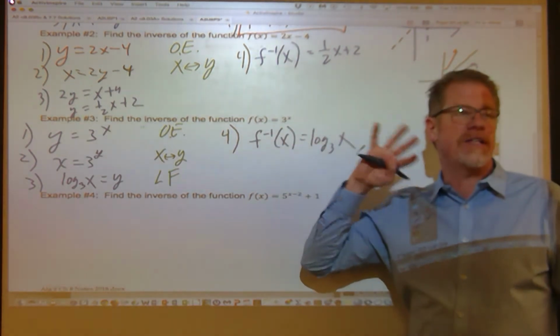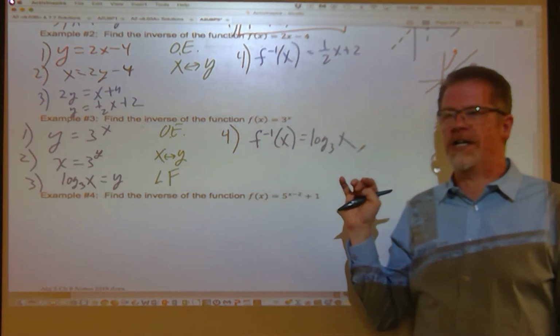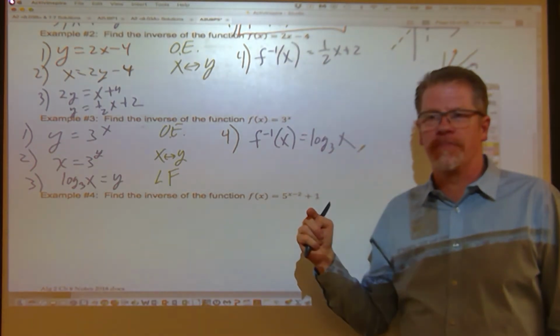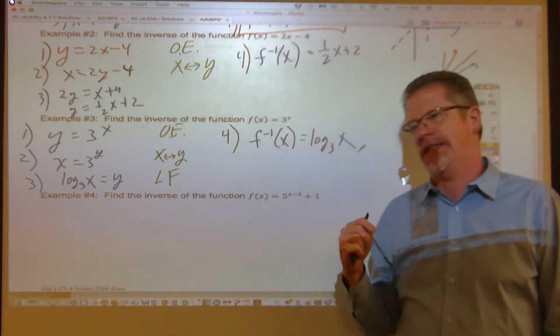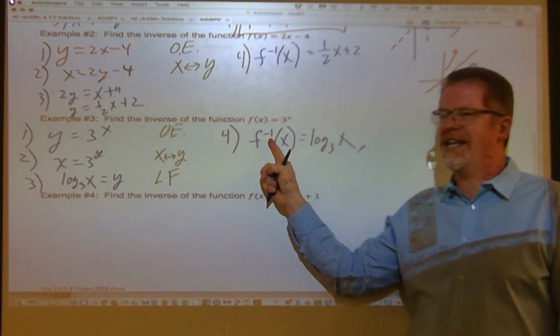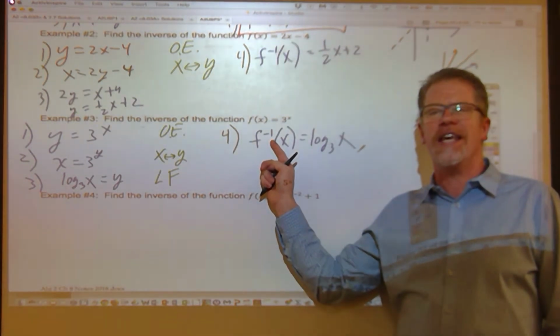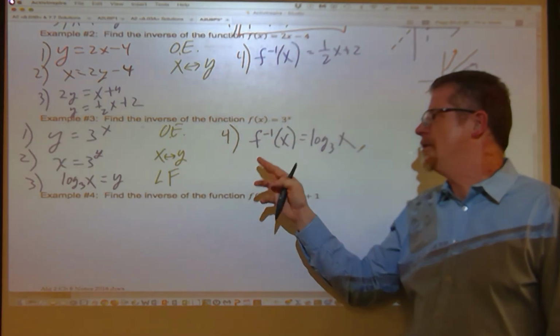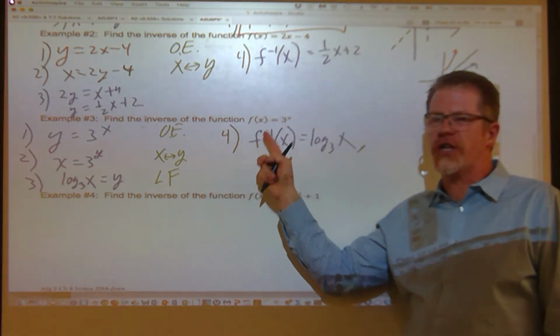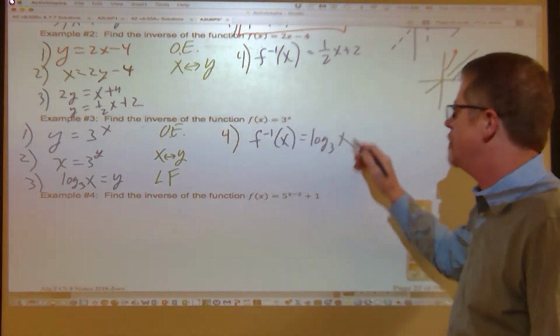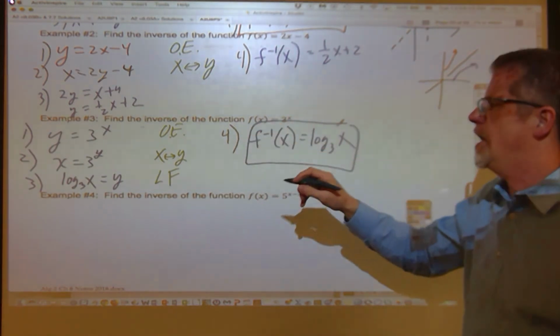You have to not let those words flow through your mind anymore. That's what made Mr. Schneider so upset. Students thought that was an exponent of negative 1. It's not! It means inverse. It doesn't mean reciprocal. It means inverse. It means watch the movie backwards. So there's your final answer. Any questions on number 3?